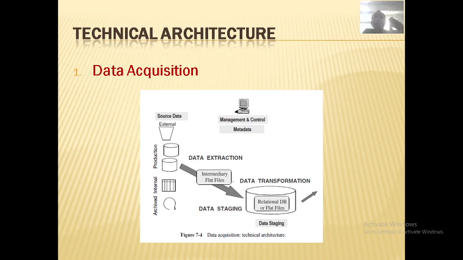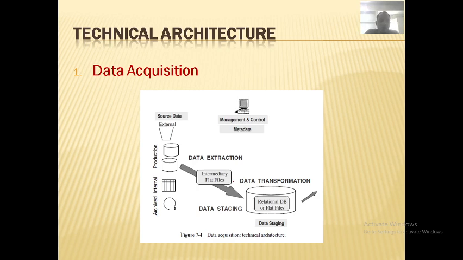These three areas will have three different technical architectures. We look into what the technical architecture of the data acquisition is. We have already seen various components of the data warehouse architecture in different ways.